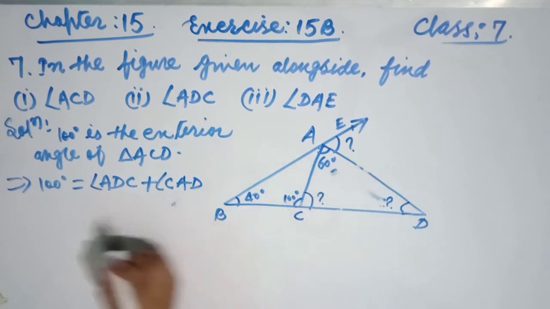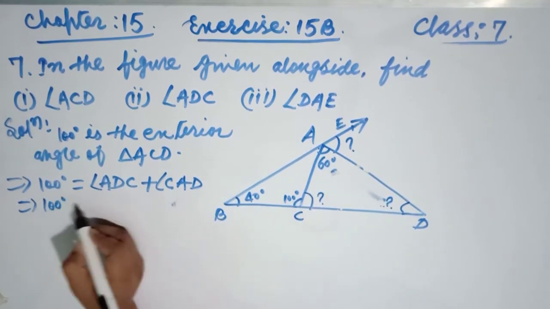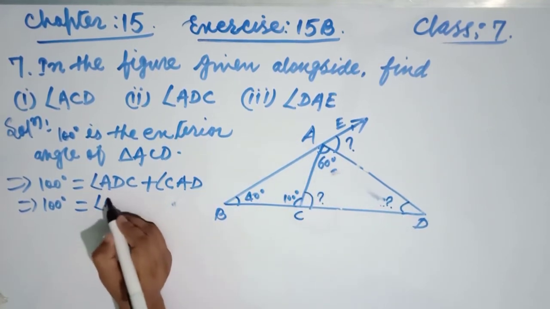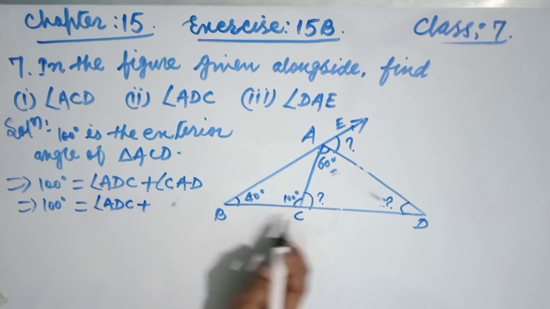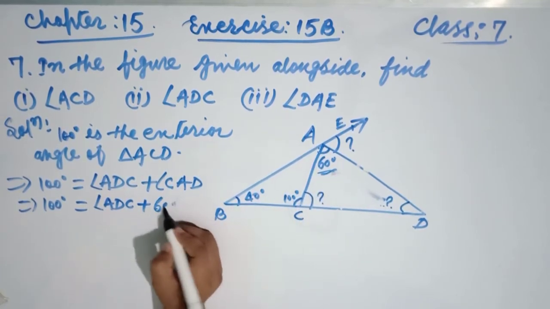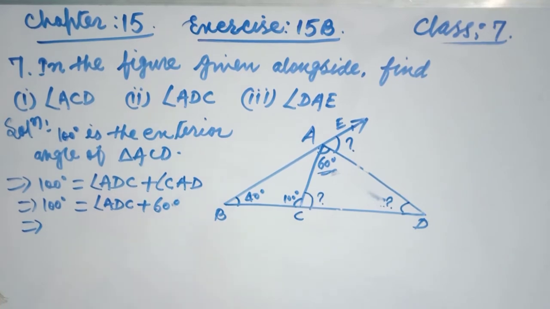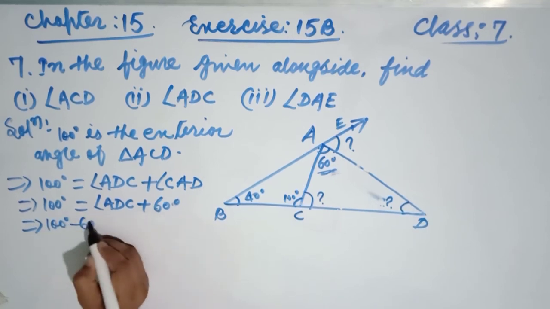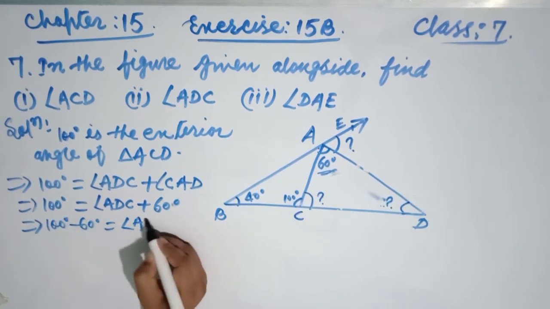So 100 degrees is equal to ADC, this angle we have to find, I will write it as it is, plus CAD, which is 60 degrees. Okay, whichever you find easier first, you can find that. And now see friends, 100 minus 60 is equal to this angle ADC.